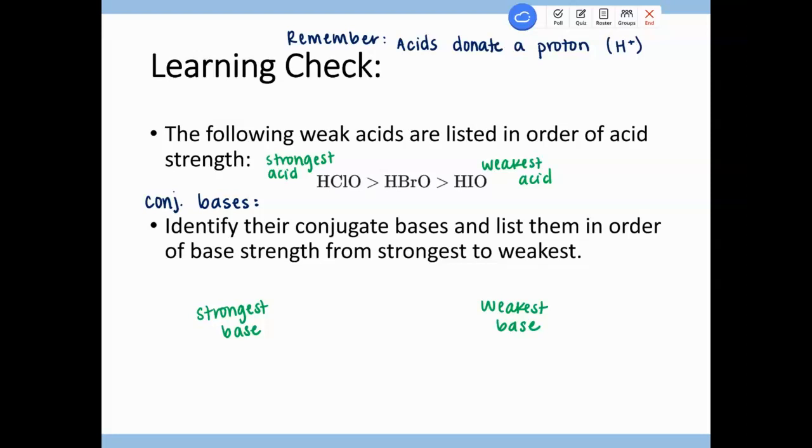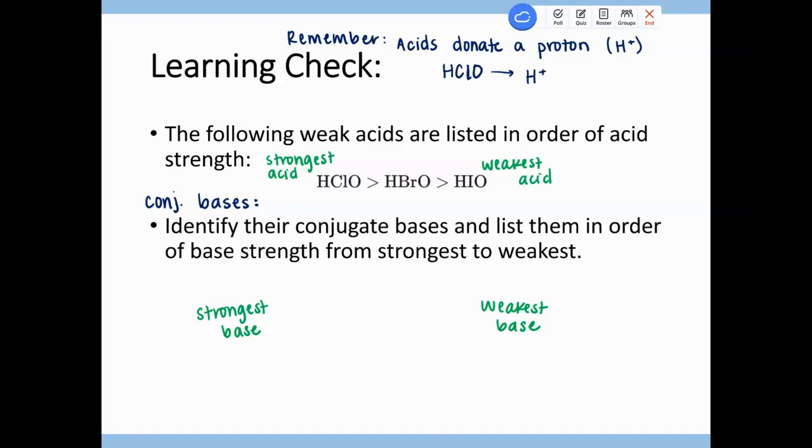Okay, let's draw these conjugate bases. And I wrote this note across the top. Remember that acids donate a proton. So if we look at HClO first, so hydrogen, chlorine, and oxygen, that will donate a proton. So let's just say in a reaction, it gives away a proton to the base.